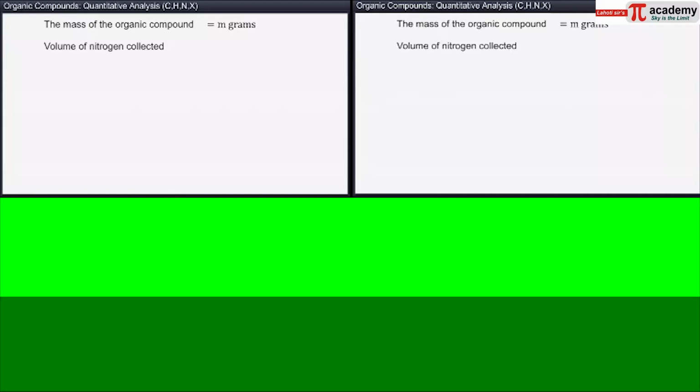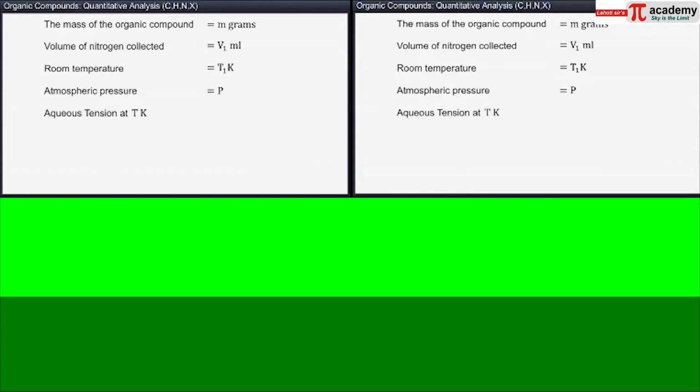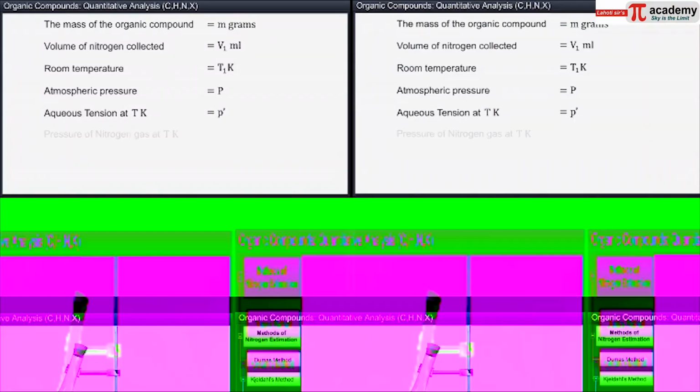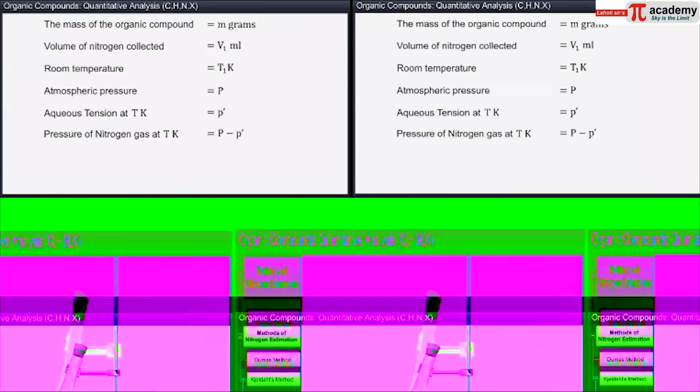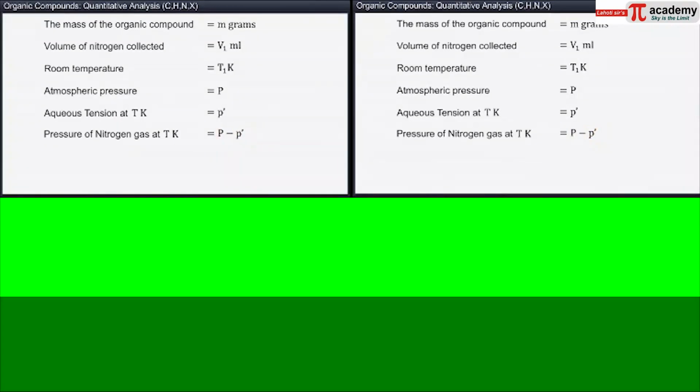If the mass of the organic compound is m grams, the volume of the nitrogen collected is V1 ml at room temperature of T1 Kelvin. The atmospheric pressure is P and the aqueous tension at T1 Kelvin is P dash. Then, the pressure of nitrogen gas at T1 Kelvin is atmospheric pressure P minus aqueous tension P dash.